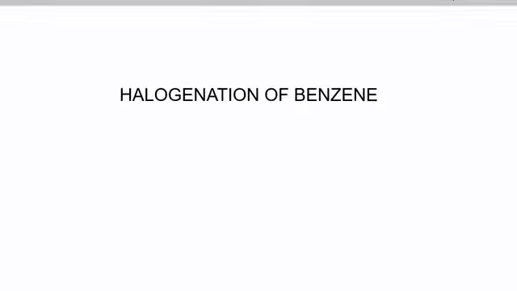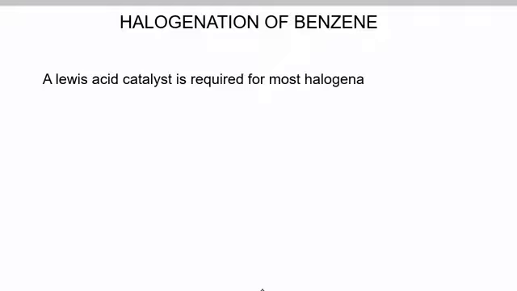So next, let's consider the halogenation of benzene. A Lewis acid catalyst is required for most halogenation reactions, with the following reactivity order for the halogens: fluorine, chlorine, bromine, and then lastly iodine.